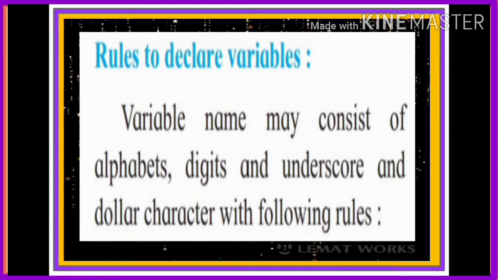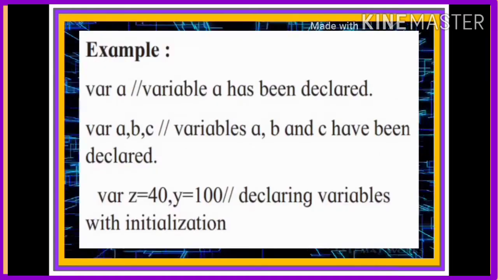Rules means the first character should be alphabet, the maximum length of variable is 255, only underscore and dollar sign is allowed, no special characters are used other than dollar and underscore sign, do not use predefined keywords, if, else, etc.